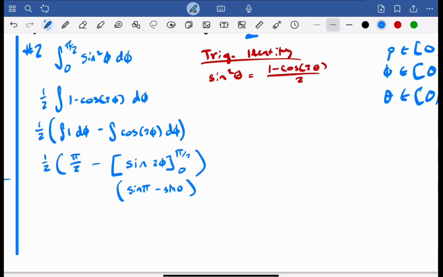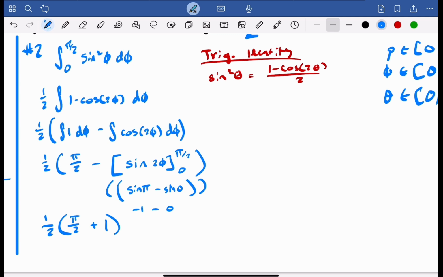Sine of pi is going to be 0, so basically what we have here is 0 minus 0, half times pi over 2 minus 0, so it's going to be pi over 4.